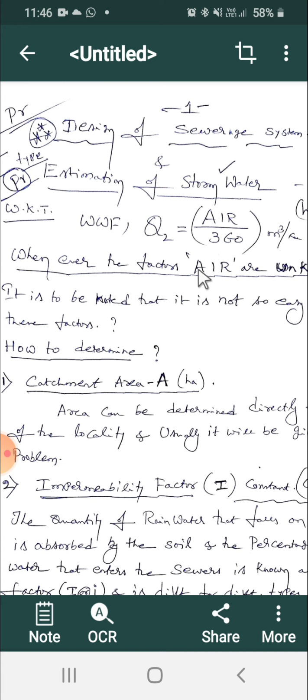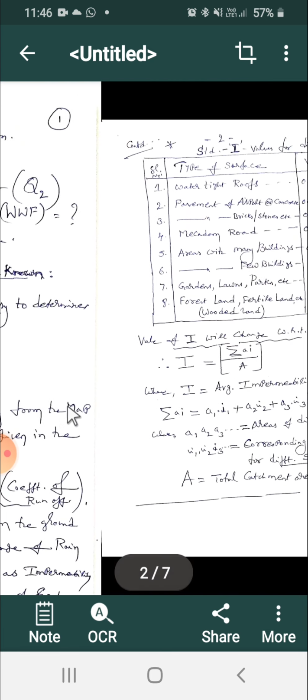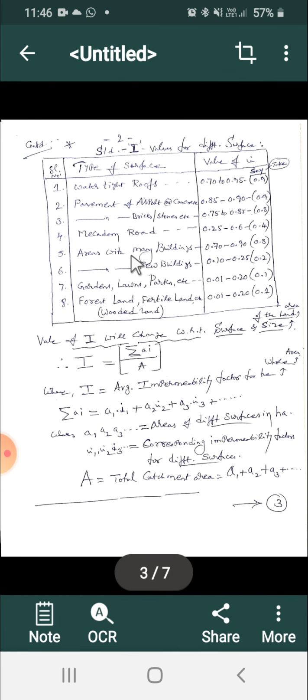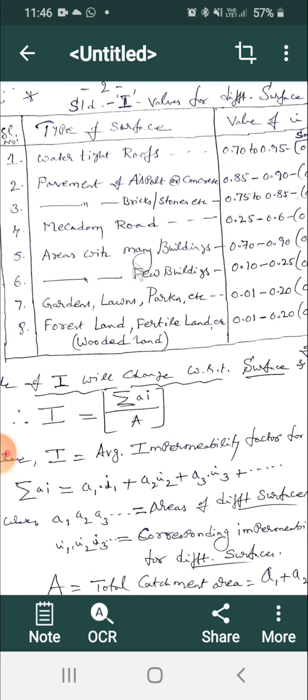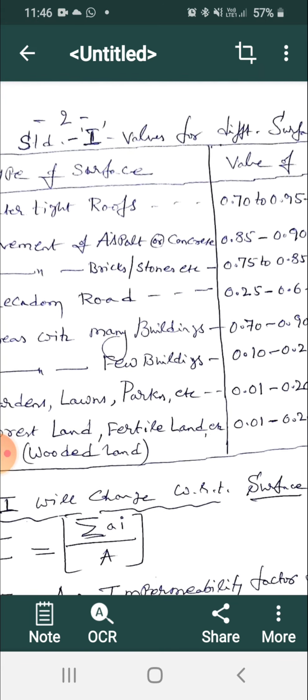But whenever the factors are not known, then you have to determine them. That is very, very important. One is A, another is I, another one is R. If you know these three parameters, everything becomes very easy. In the last class, we saw what A is, what I is, and the standard values of I. These are the standard values of I we are going to use for your problems.